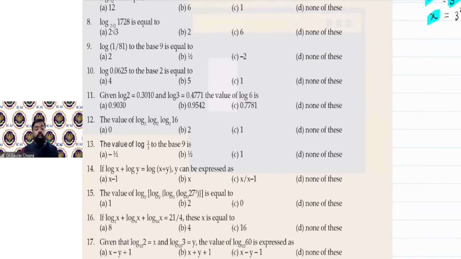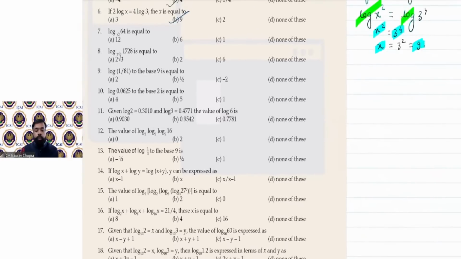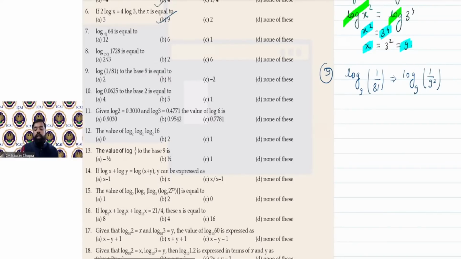Then comes the ninth one. Log of 1 upon 81 to the base 9. Let's do this. Question number 9. Now see, 81 can be written as 9 square. So we will be writing log of 1 upon 9 square, base 9.